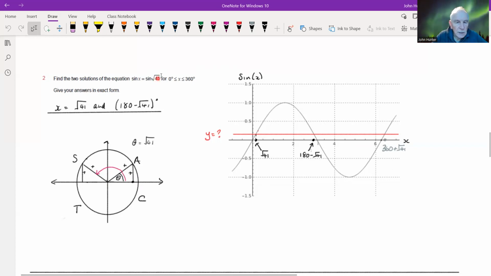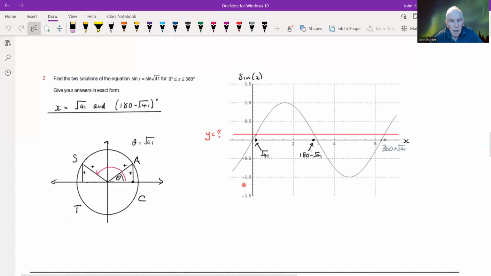It doesn't have a degrees mark, but since the range is given in degrees, we're safe to assume that that is in degrees. So square root of 41 degrees, which of course is about 6 and a quarter. Fairly small. Give your answers in exact form, so probably surds involved there somewhere.